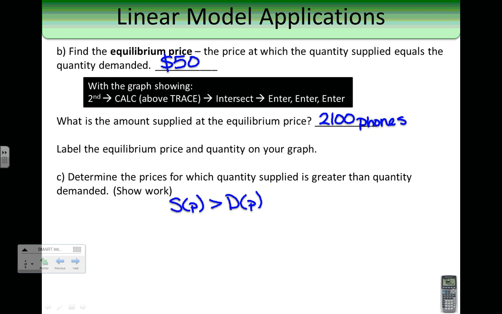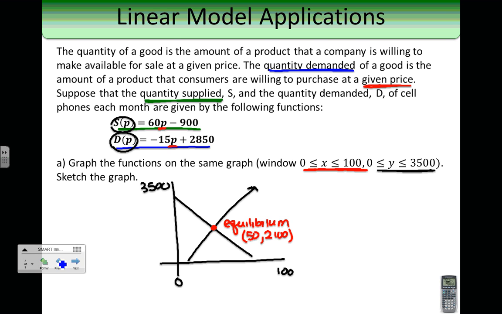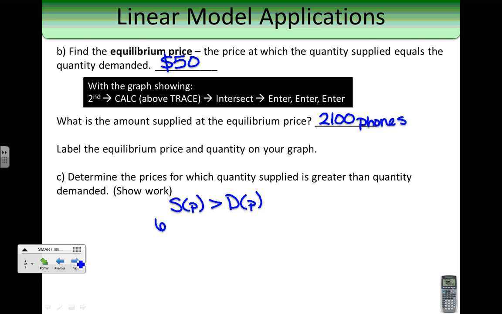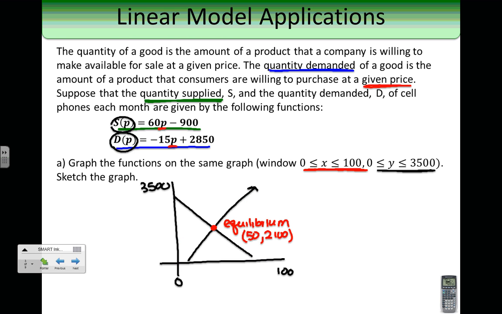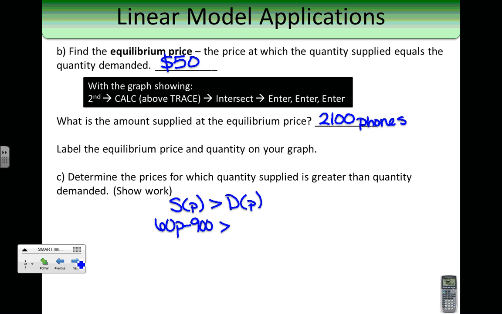Let's look back at the equations again. 60p minus 900 was the supply. That needs to be greater than negative 15p plus 2,850. So we want to figure out what price will make this true, the supply greater than the demand.